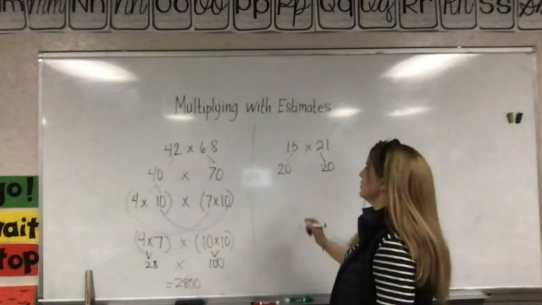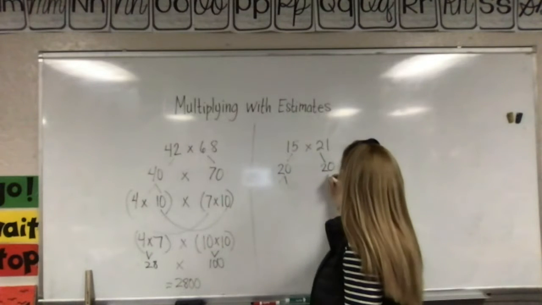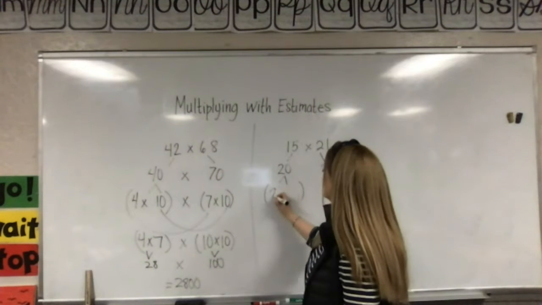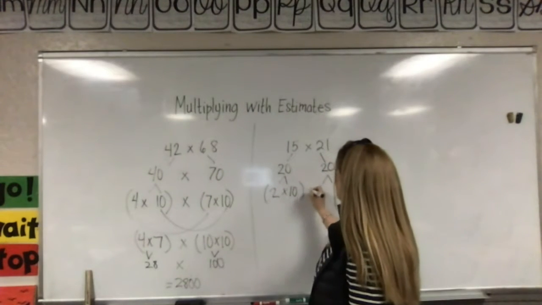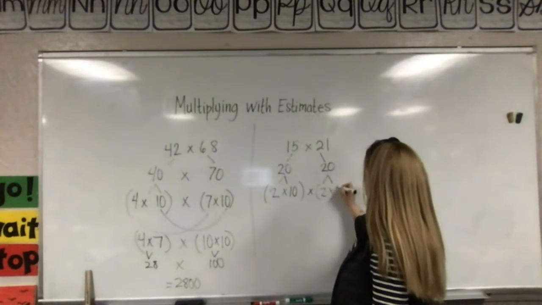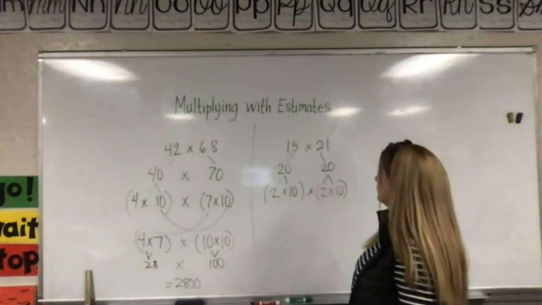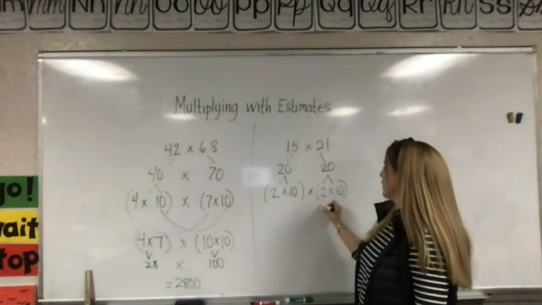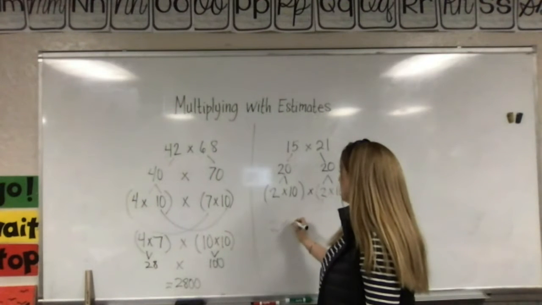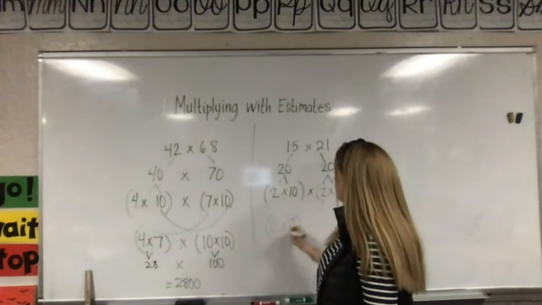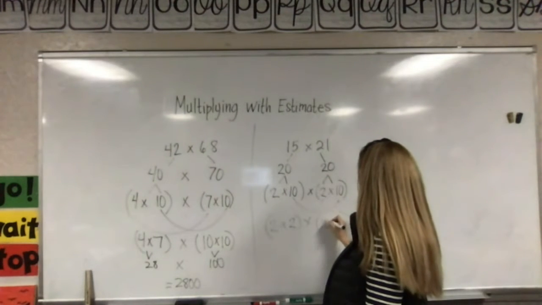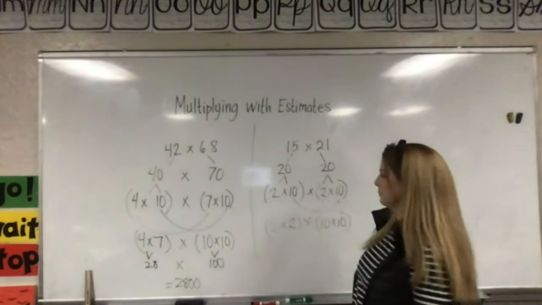All right, so let's do it like Khan Academy does, and let's break it down a little bit further. 20 is the same thing as 2 times 10, and then again, 2 times 10, right? So we're going to multiply the first two numbers. That becomes 2 times 2 times 10 times 10, all right?